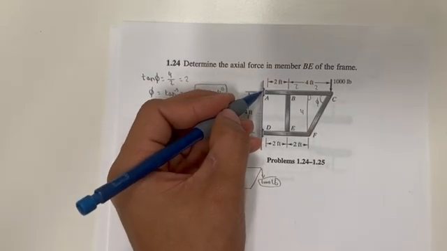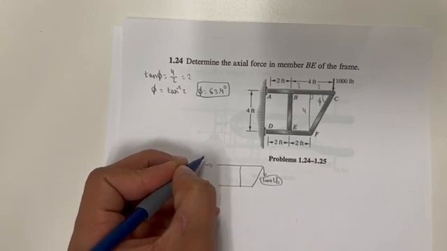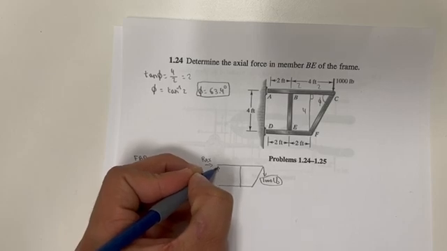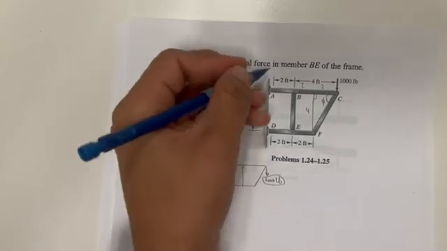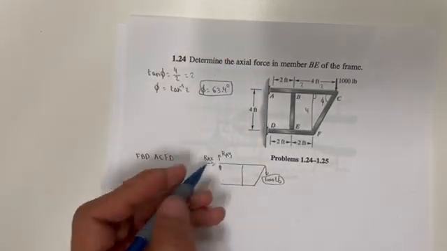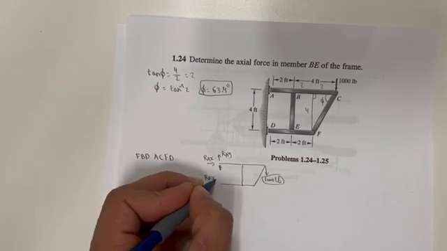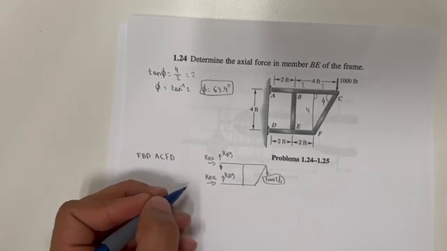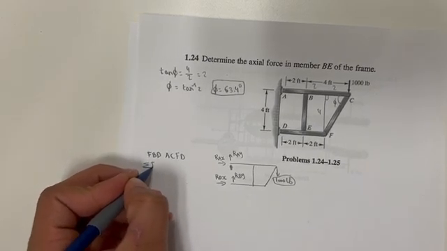Here, anything fixed like that, we know from the last videos, gives RAX and RAY. Anything with the wall like that gives you RAX and RAY, and here will give RDX and RDY.